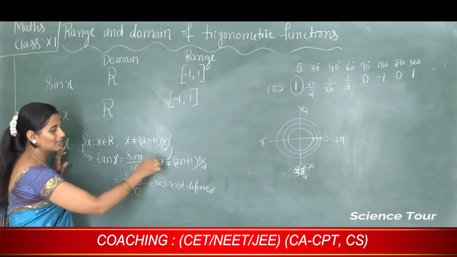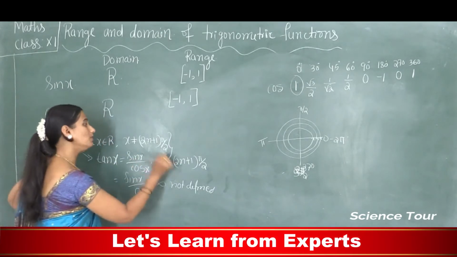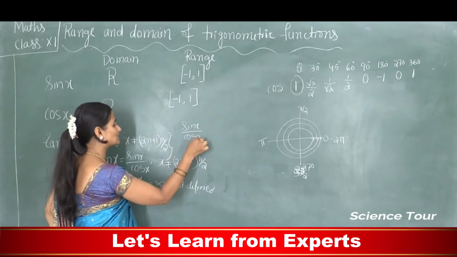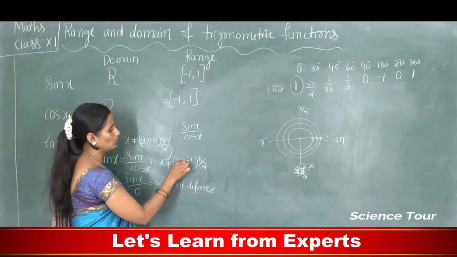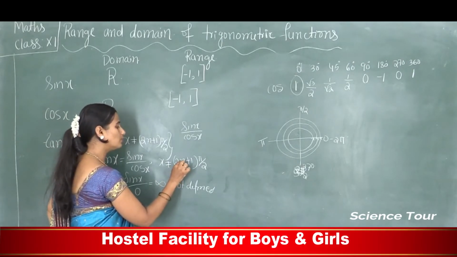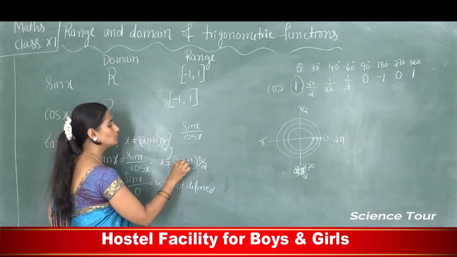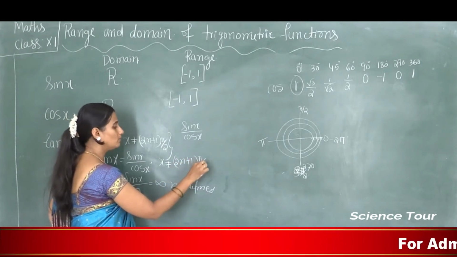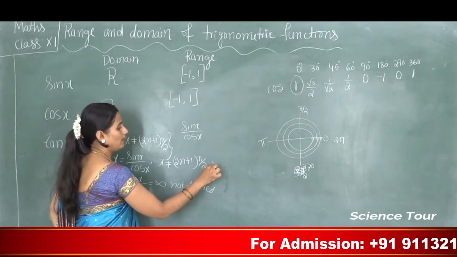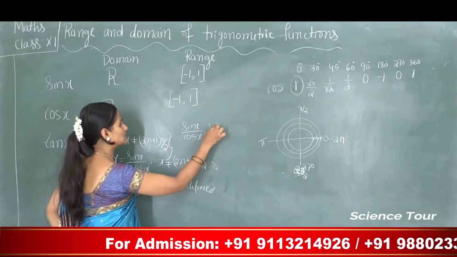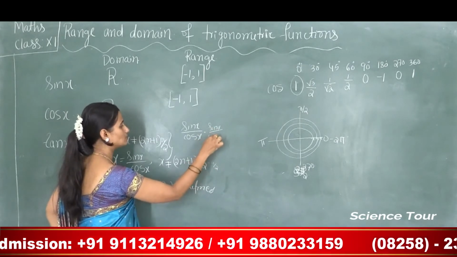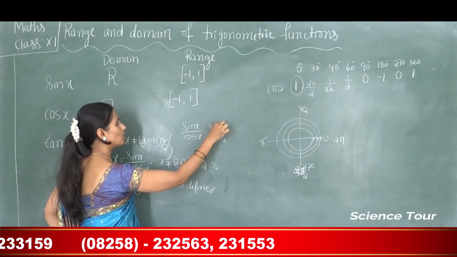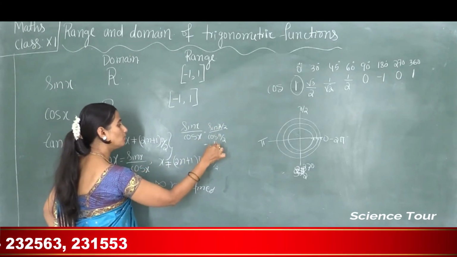So we'll check at what point it is not defined. Sin x divided by cos x. Suppose I take n equal to 0. So 2 into 0 is 0, 0 plus 1 is 1, 1 into π/2 is π/2. So x is π/2. Sin π/2 is 1.